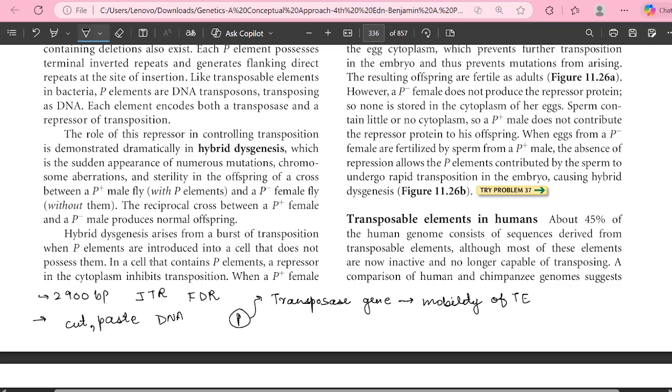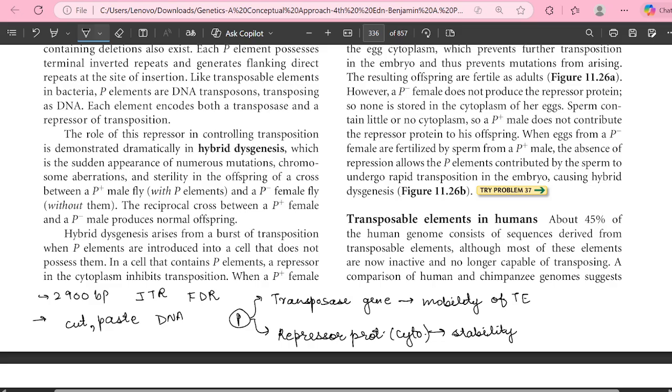This same P gene also codes for one more protein, that is the repressor protein of this transposon. Now this repressor protein, as soon as it is coded by this P gene, moves into the cytoplasm and it remains there. This repressor protein is helpful to stabilize this transposon and to increase the stability so that the mobility can overall be decreased and the chances of mutation can be decreased.